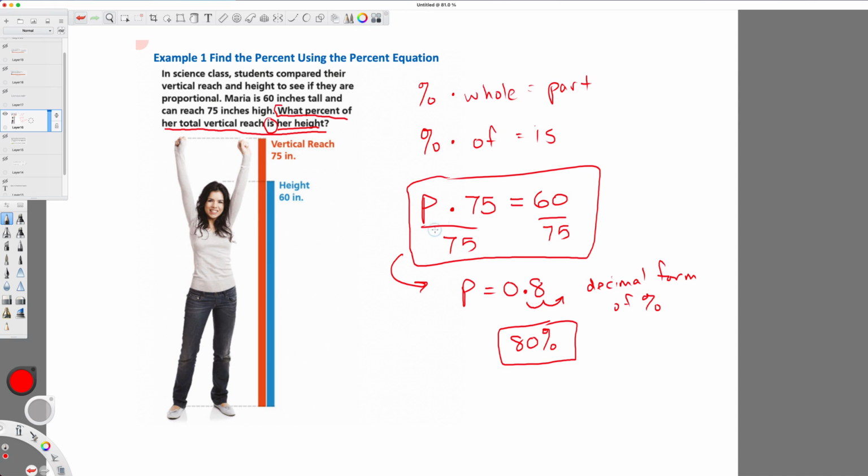If I know the percent, I can't put the percent in percent form into this equation. I have to convert to a decimal. So the percent that you have in this equation is never the actual percent. It's the decimal form of the percent. Either you put in a decimal form or you get out a decimal form, like we did on this problem here. So let's take a look at another example.